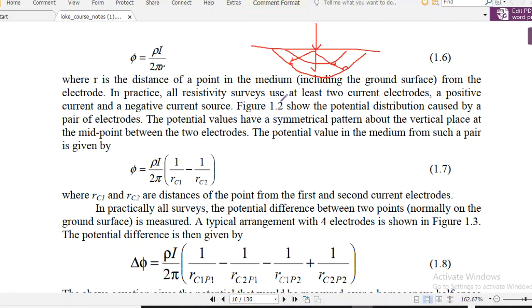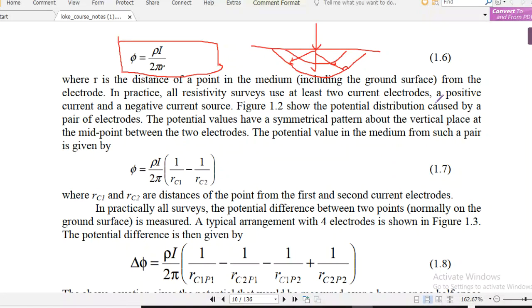So the potential phi is equal to rho times I over 2 pi r. Phi is the potential for a single electrode: resistivity times electrical current over 2 pi r will give us the potential. R is the distance of the point in the medium, including the ground surface, from the electrode.